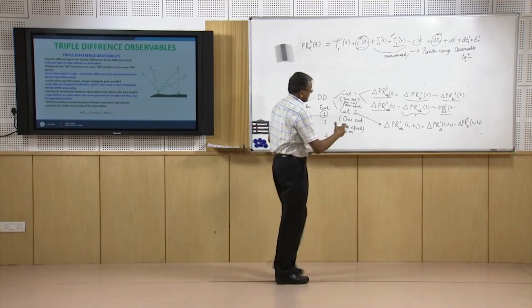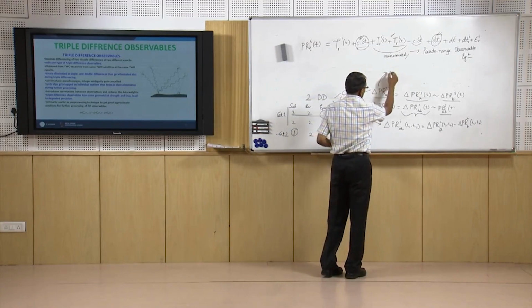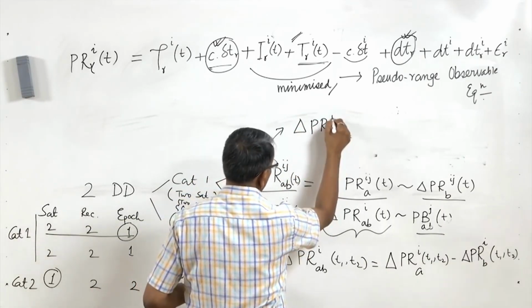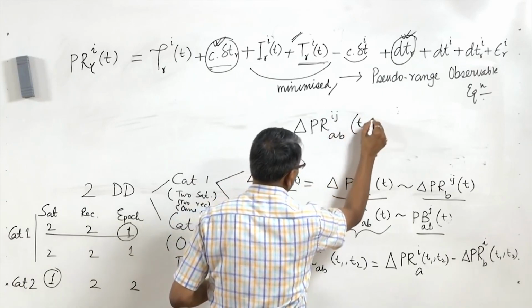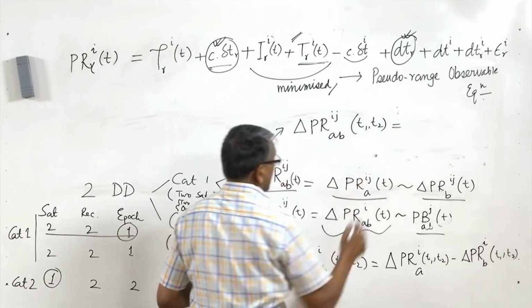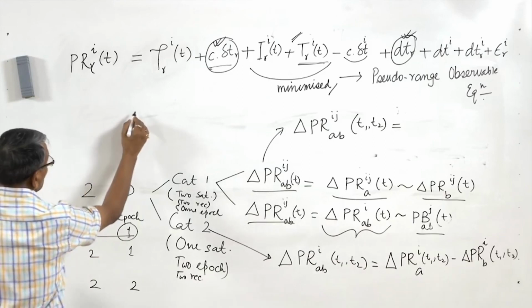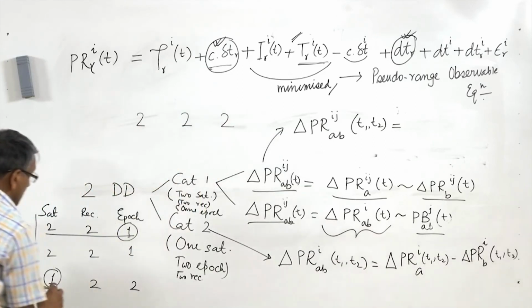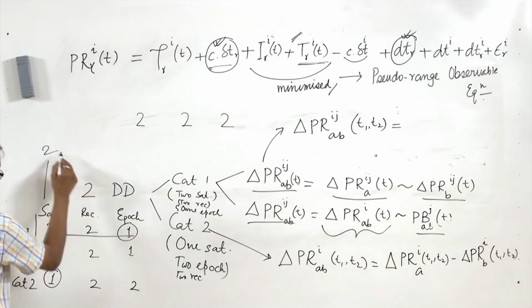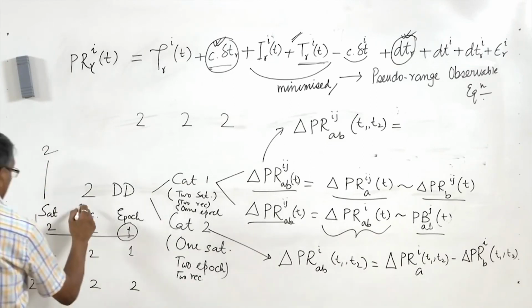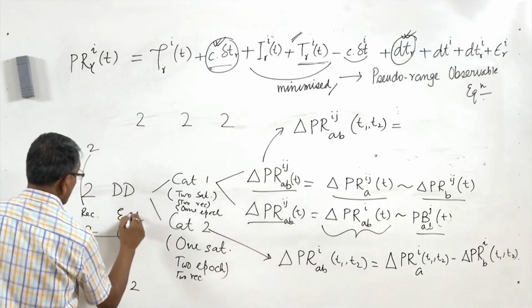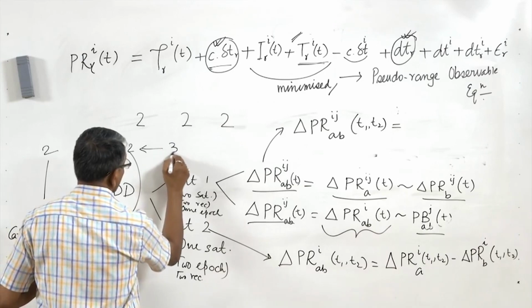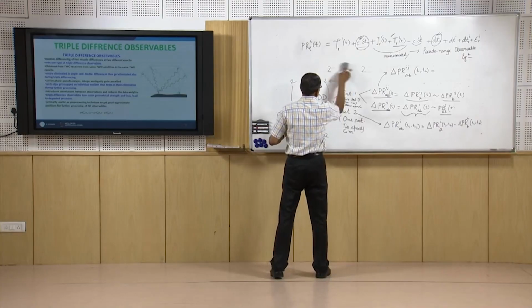So, if we take this del P R A B I J T1 and T2, that means we are taking two receivers, two satellites at two epochs of observation. So, two satellites, two receivers, two epochs of observation we will get for triple difference observable.